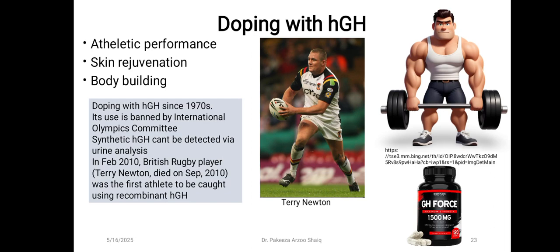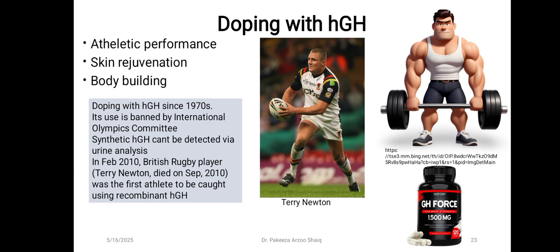Now we have to look at another very interesting and concerning use of human growth hormone, and that is doping with it. Actually, human growth hormone is readily taken by some athletes worldwide for improving their athletic performance. It is also used by males and females for skin rejuvenation purposes, and bodybuilders also use it.